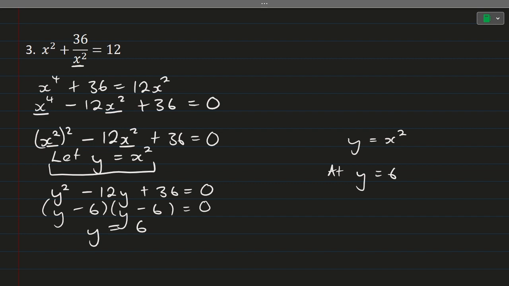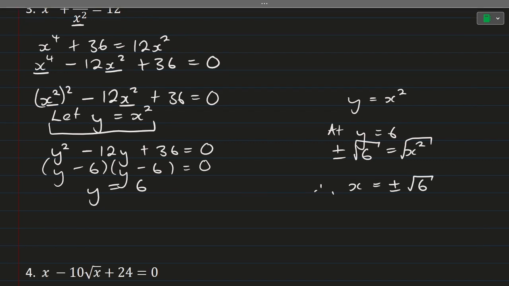Substitute y with 6. It becomes 6 is equal to x squared. To get rid of the power 2, we take the square root of both sides, plus or minus. So it becomes x is equal to plus or minus root 6. And that's the final answer.